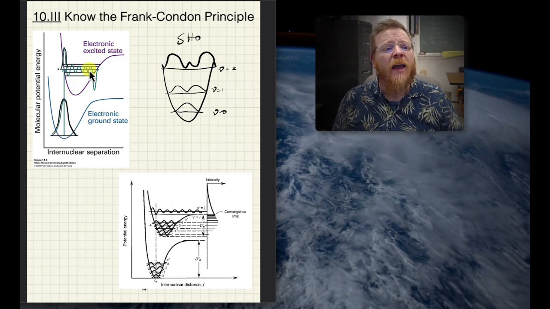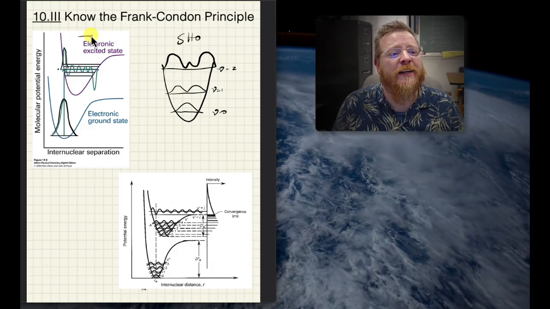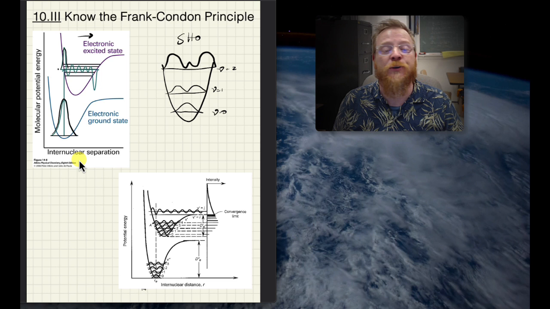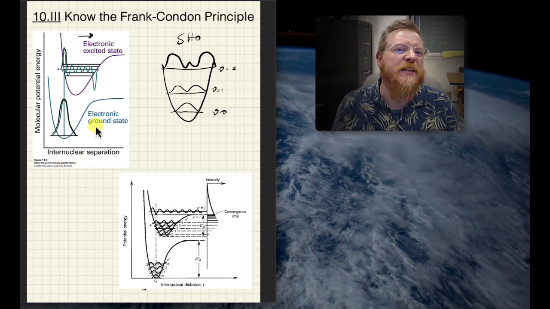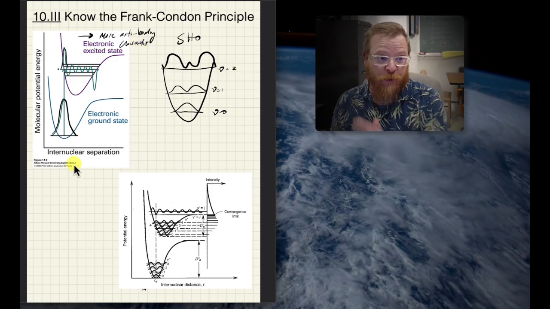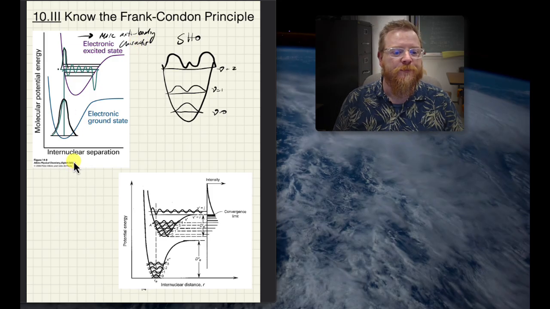Okay? And oftentimes we see electronically excited states being shifted out to larger internuclear separations because they typically have more anti-bonding character. So I'm going to write that down. More anti-bonding character typically, which means they are further separated from each other.